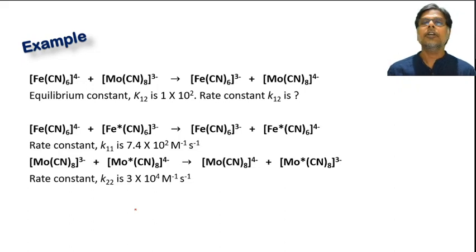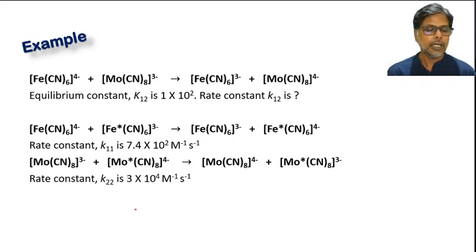How do we find out? To know the rate constant of this cross reaction, we need to know the rate constants of two individual related self-exchange reactions. In this cross reaction, iron 2 is becoming iron 3, so we need to know the rate constant of the self-exchange reaction of iron 2 and iron 3 with the same set of ligands.